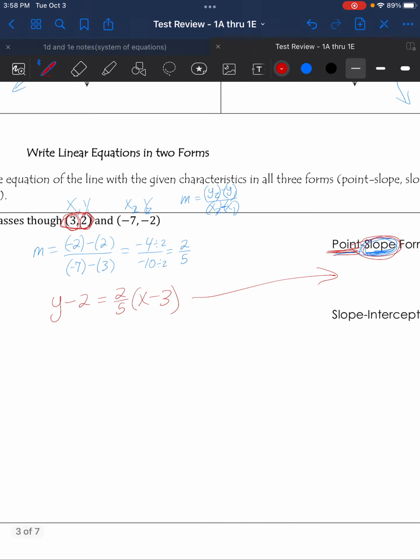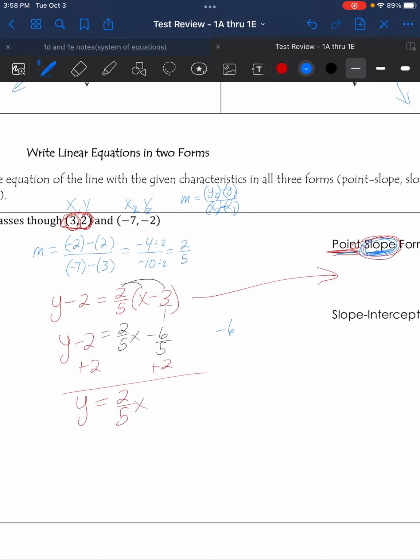And then slope intercept form means that we need to get y equals. To get y equals, we need to get rid of the parentheses. So 2/5 times x is 2/5 x. 2/5 times 3 is 2 times 3, multiply your numerators, multiply your denominators. The left side I'm not touching, so that comes down y minus 2. Then I've got to get the y by itself. So y equals 2/5 x.